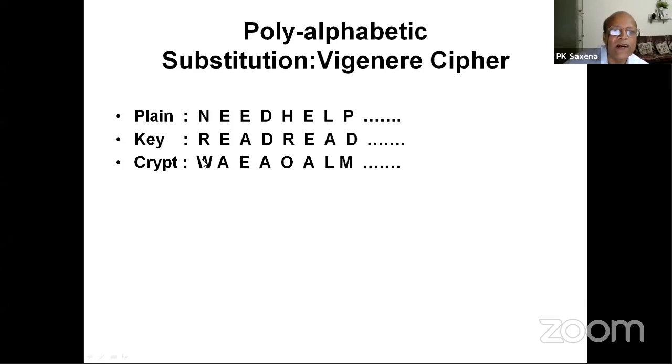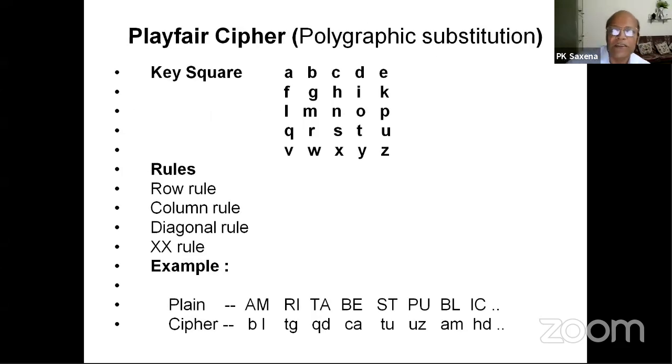The frequency pattern in the cryptogram will not be similar to what we have in plain text, which was helping us break the simple substitution cipher. This Playfair cipher was also used very frequently in World War I and II. It provided more secrecy, but these days these are all broken easily.